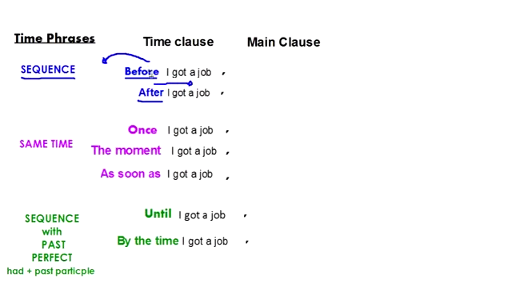So if I think, what happened before I got a job? Well, before I got a job, I didn't have any money, obviously. Or after I got a job, I started saving money, okay? So remember, before and after are for sequences. One thing happened before another, or one thing happened after another.